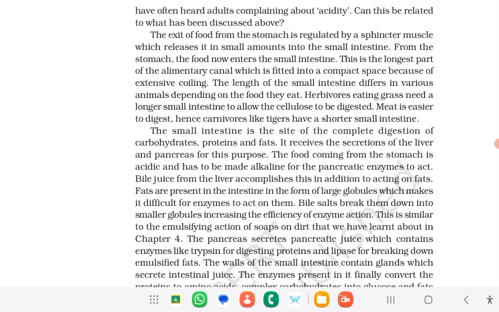Herbivores eating grass need a longer small intestine to allow the cellulose to be digested. Meat is easier to digest, hence, carnivores like tigers have a shorter small intestine.